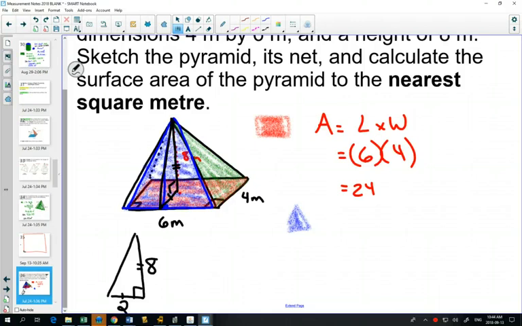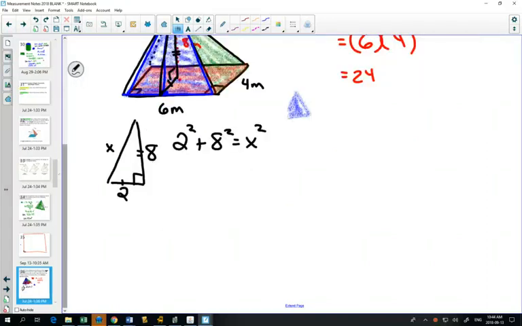And so if I want to find this, x, I'm going to have to do a squared plus b squared equals c squared, which is x. 68 equals x squared, and x is equal to, go to my calculator, the square root of 68, which is approximately 8.24.